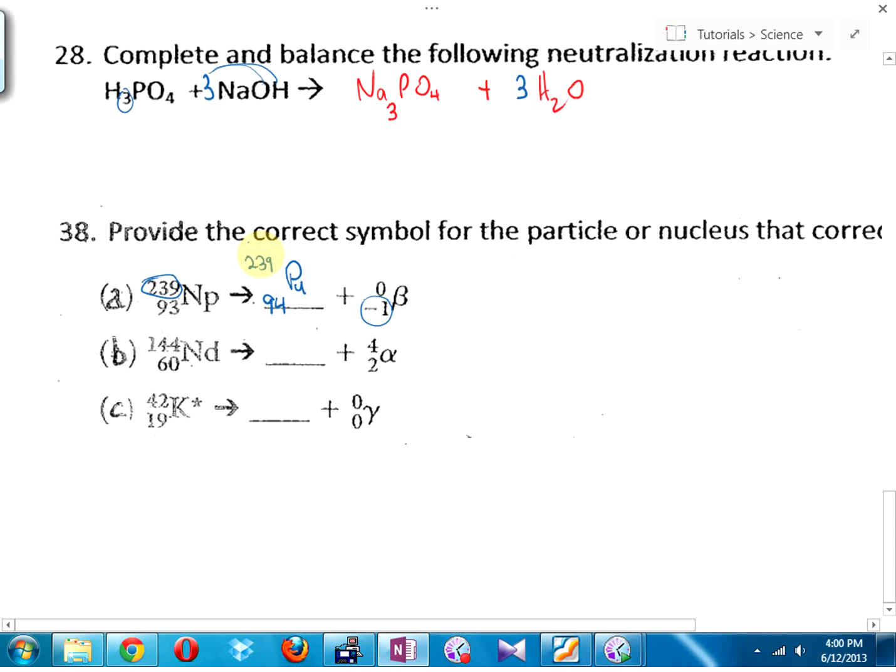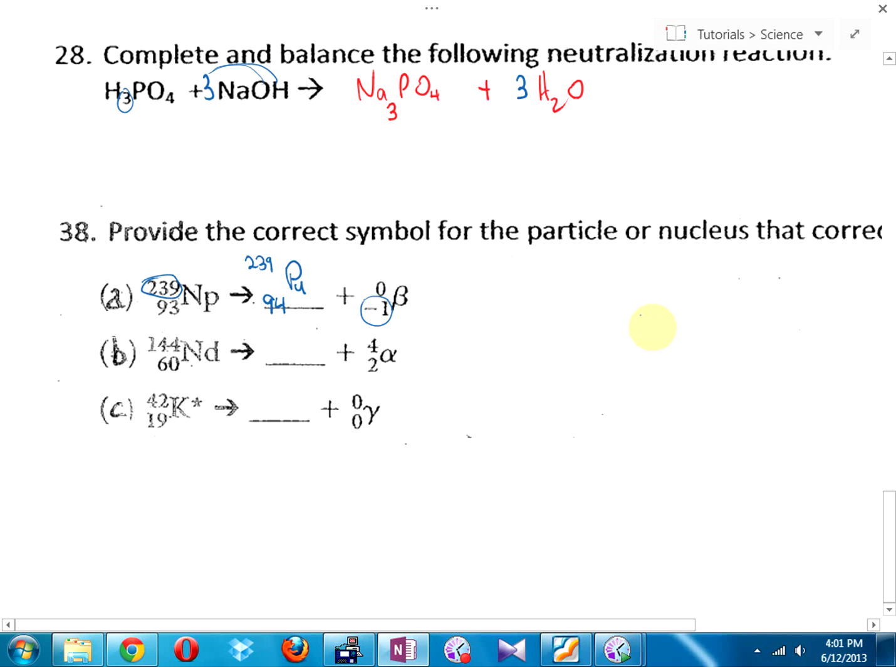How many neutrons does it have? 145. So we would call this plutonium-145. I'm sorry, plutonium-239. We go by the mass. Yeah, that makes more sense.